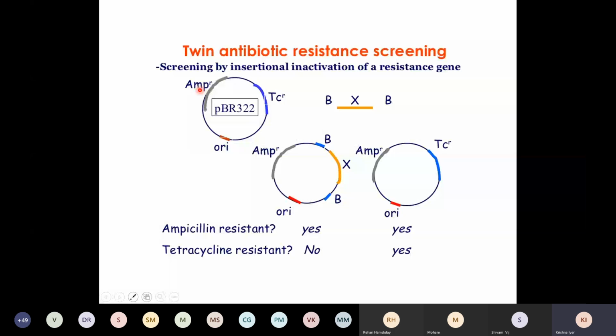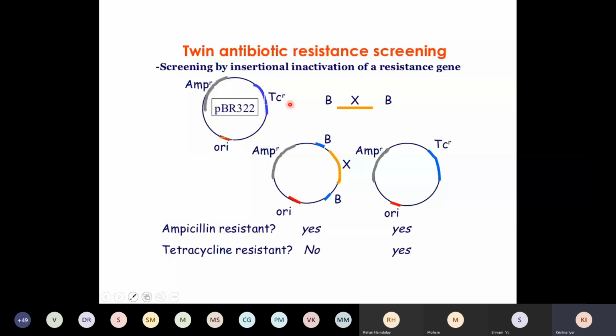The reason simply is because the gene for ampicillin resistance, which produces a very specific protein which allows the bacteria to be resistant to ampicillin, now doesn't produce that protein. It produces some defective protein or doesn't produce anything, which means a plasmid of a recombinant type will be sensitive to ampicillin and resistant to tetracycline.